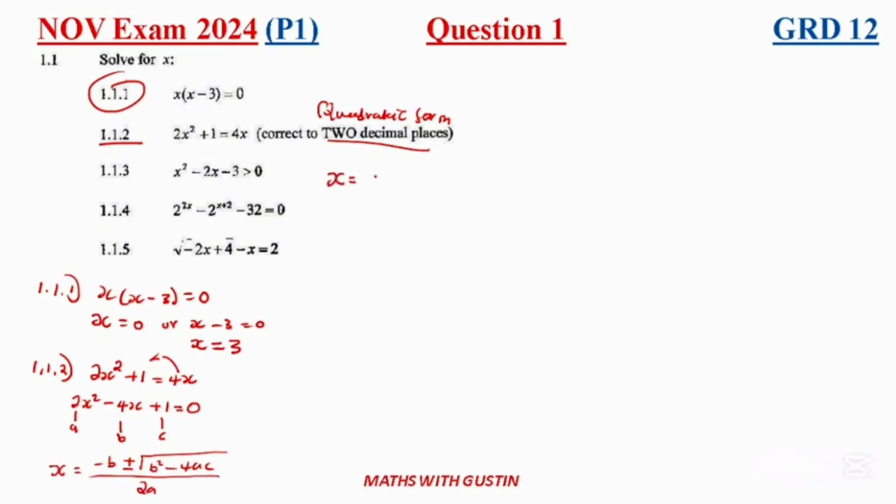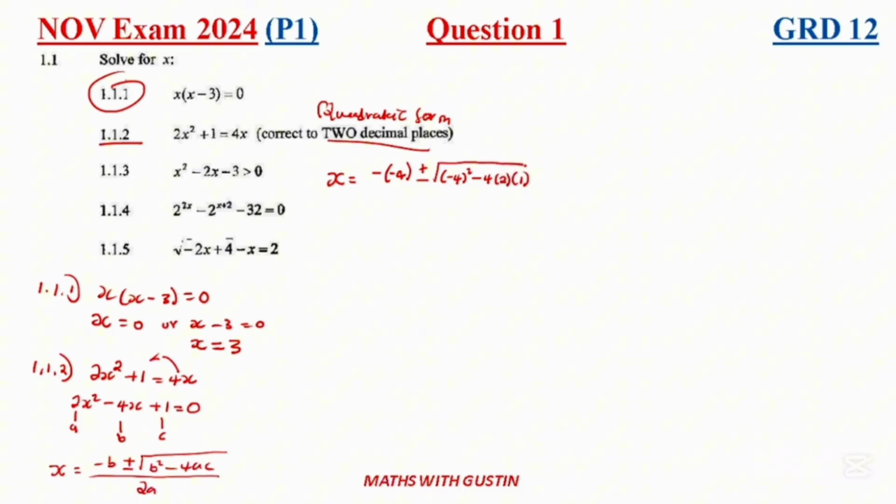X is equal to minus b, therefore b is what? It's minus 4, close, therefore plus or minus square root of b, which is minus 4 all squared, minus 4. A is what? A is equal to 2, and then what is c?